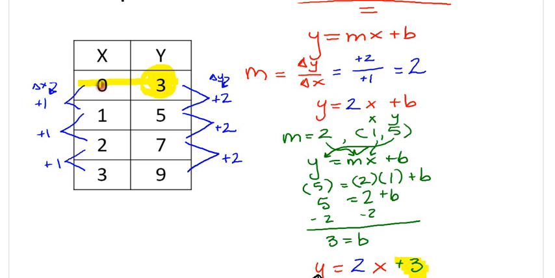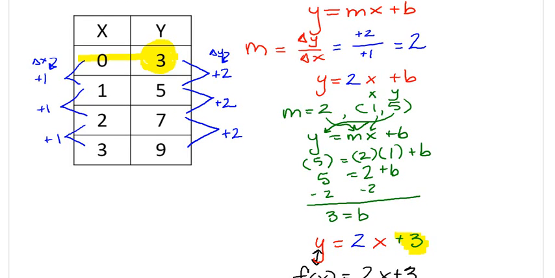So right here, when I have the 0 in the x column, the corresponding number in the y column is going to be, not by coincidence, but mathematically, as we've shown through this work in green, the y-intercept. If we're unsure what that means in the table, we can always go ahead and substitute in one point with the slope and solve down like we did with the work that's in green.